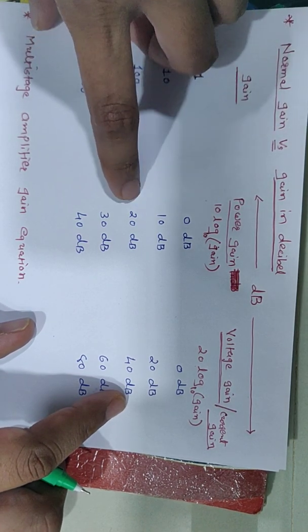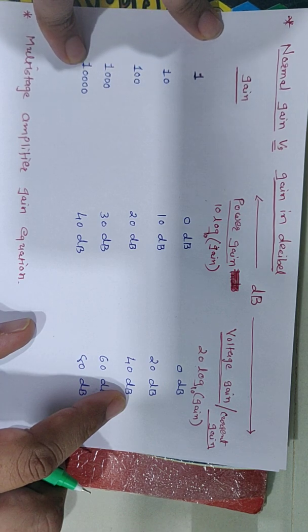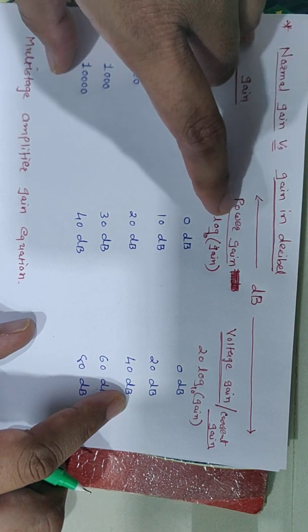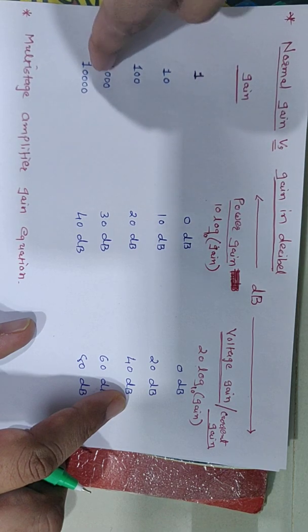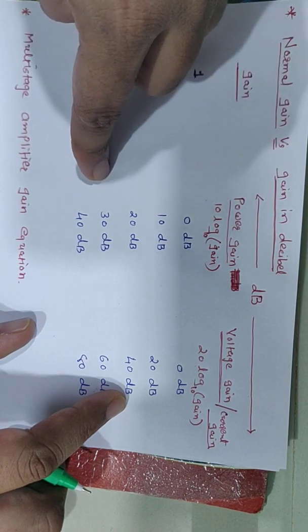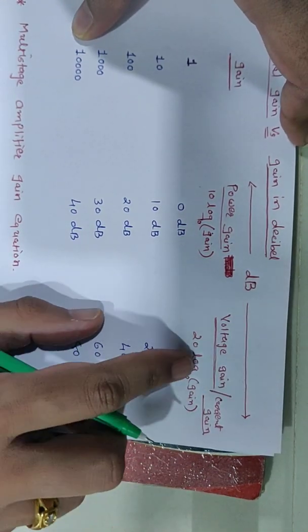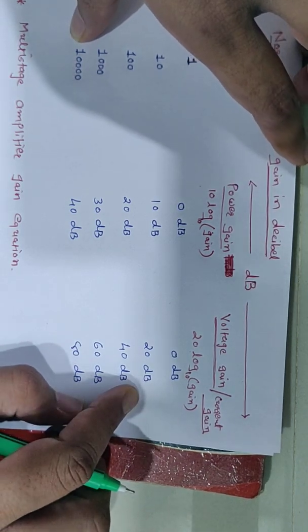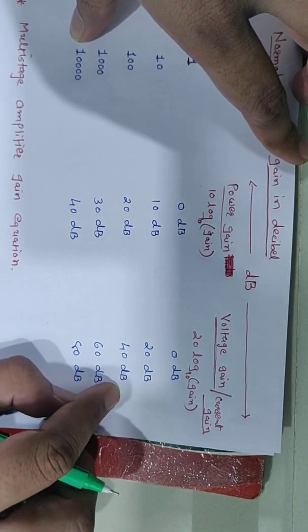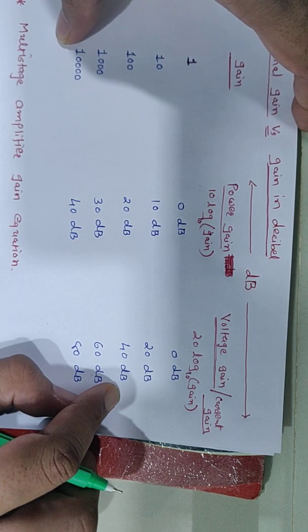That means for every increase of one 0 in the gain, if it is a power gain, it will increase by 10 dB over the previous value. And on this side, for voltage gain and current gain, it will increase by 20 dB when we increase one 0 in the gain.